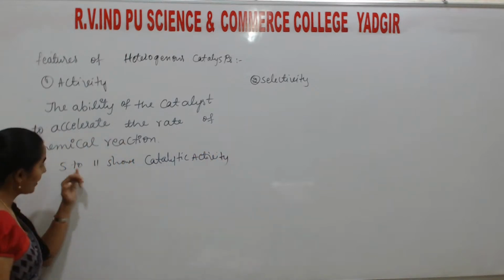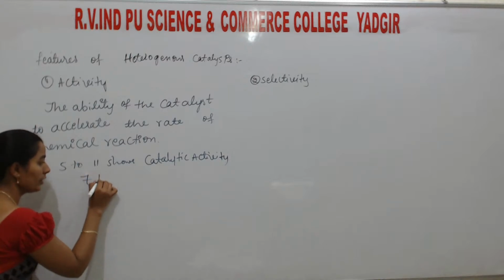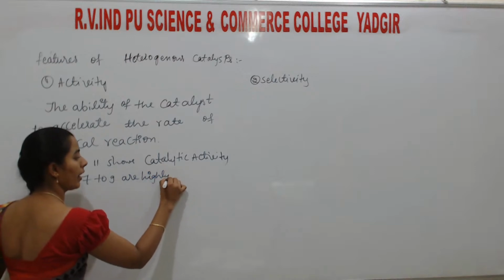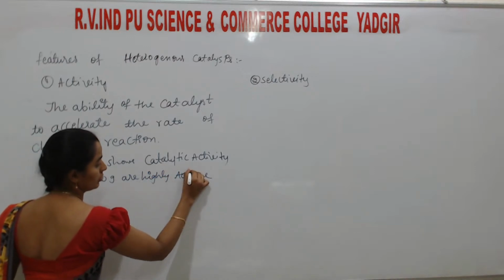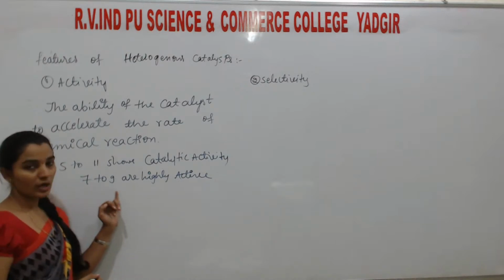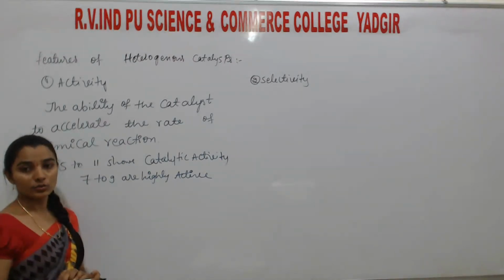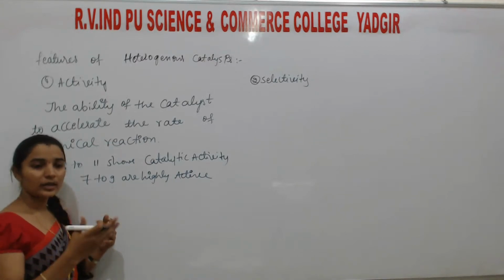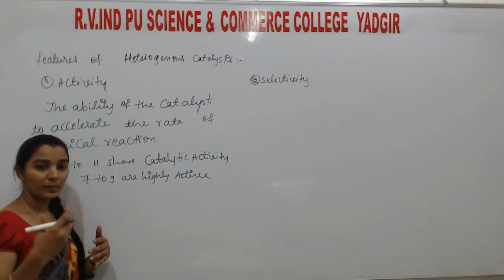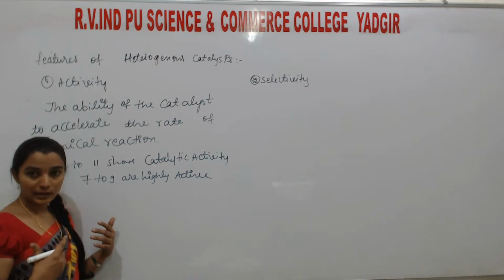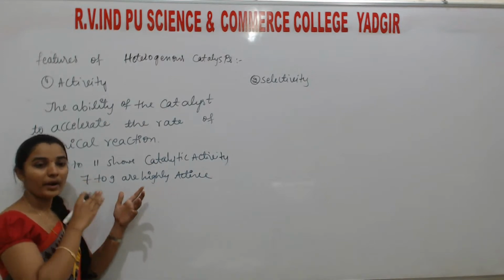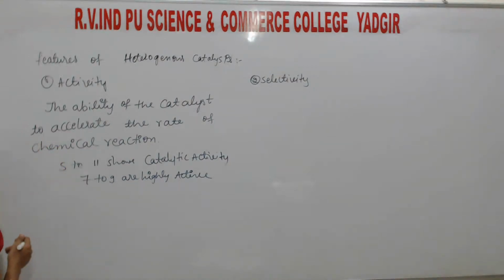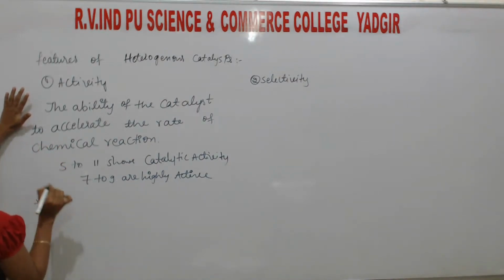In 5 to 11, group number 7 to 9 are highly active. Understand? So that means iron, nickel, cobalt, platinum, palladium are often used as catalysts because their activity is more compared to other transition elements. Understand? So next one, students, what are the conditions?